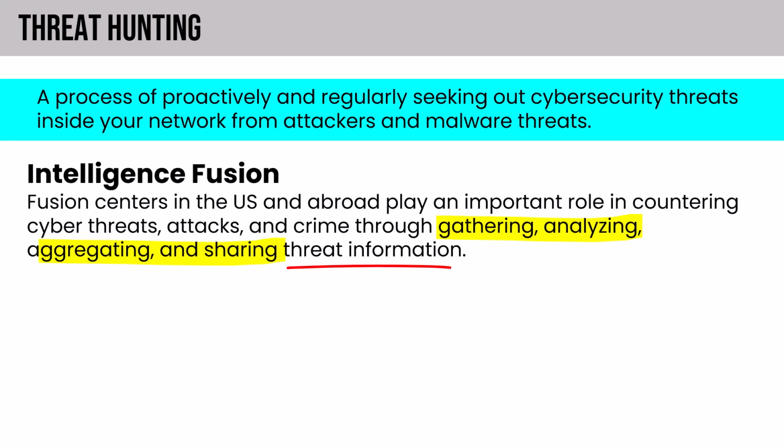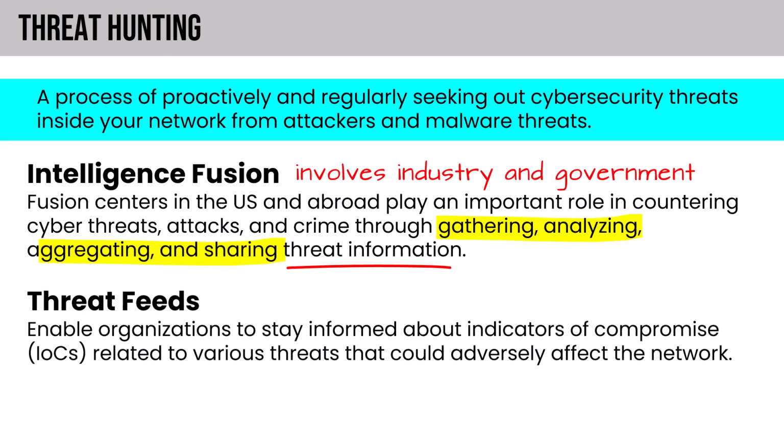The intelligence fusion involves both industry and government collaborating in that gathering, analyzing, aggregating, and sharing. And threat hunters will often leverage threat feeds, which enable organizations to stay informed about indicators of compromise. These threat intelligence feeds show us indicators of compromise related to various threats that could adversely affect the network.